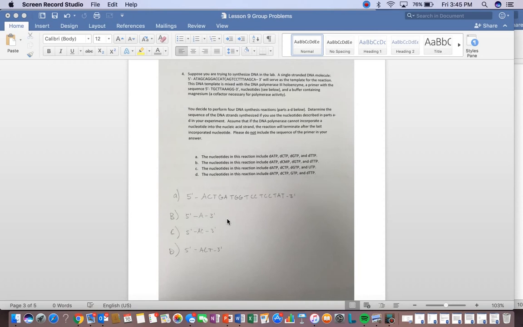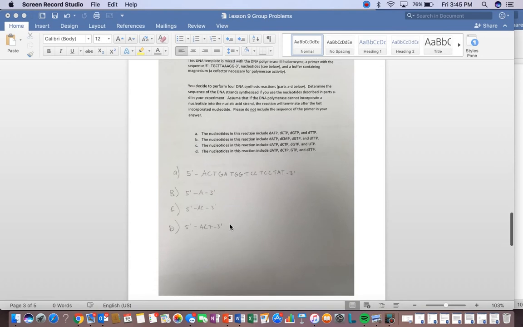So when we start, we only get that first piece because we can't synthesize that next C. Okay, so for part C, we have everything we need except we have a UTP, which isn't what we need to synthesize thymine. So we can't synthesize the thymine, so we can only do the first 2, the A, C, but we can't do the third, which is a T.